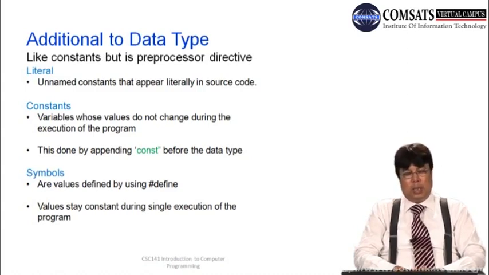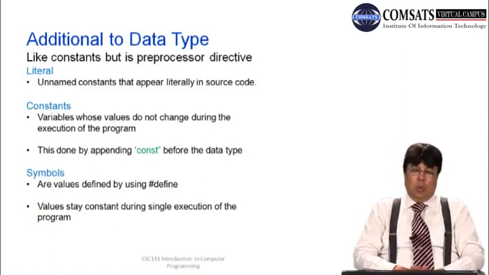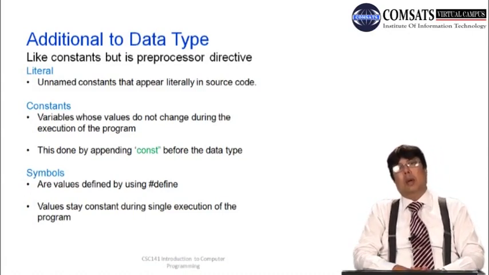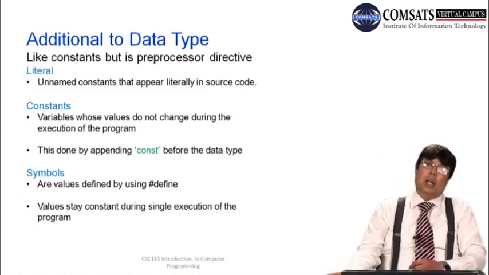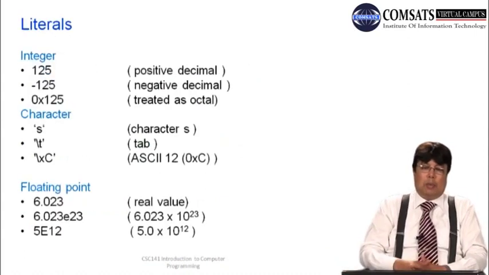I'll give you the example in the next slide. Similarly, you can give a name to a constant through a preprocessor directive called define. You can define any name for any numeric literal using the define preprocessor directive. So the value remains the same. These are the examples.